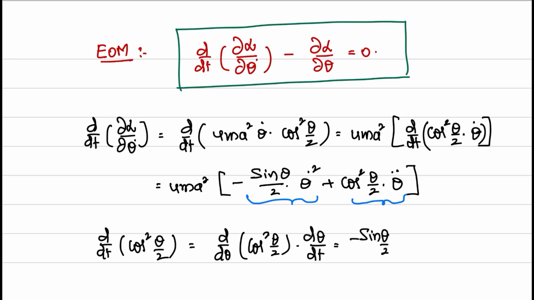Two into sin θ/2 cos θ/2, that is sin θ. 2 sin θ/2 cos θ/2 is equal to sin θ, whole divided by 2, into dθ/dt, which is equal to θ dot. That is minus sin θ by 2 into minus sin θ into θ dot.